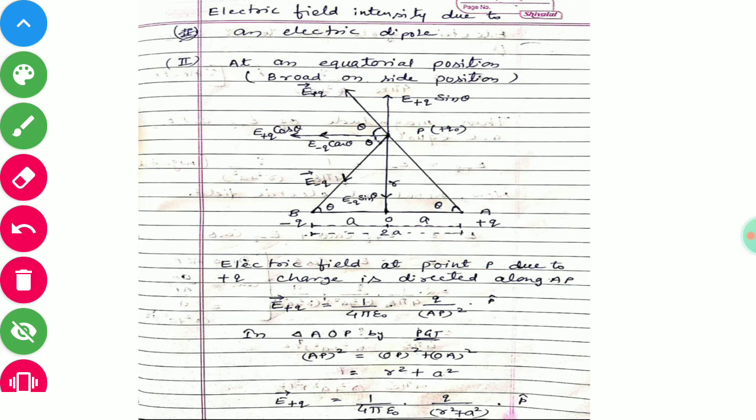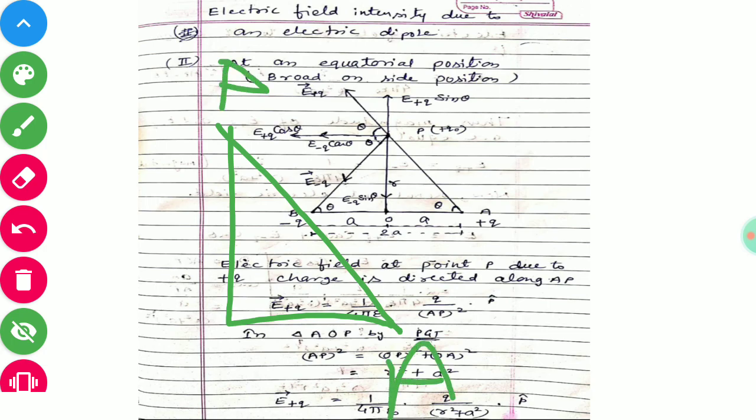In triangle AOP, this is a right angle triangle. We use the Pythagoras theorem to determine the distance AP. According to the Pythagoras theorem, hypotenuse square AP square is equal to perpendicular square r square plus base square a square.